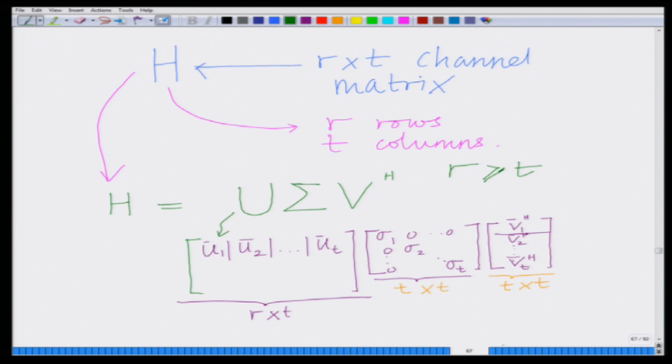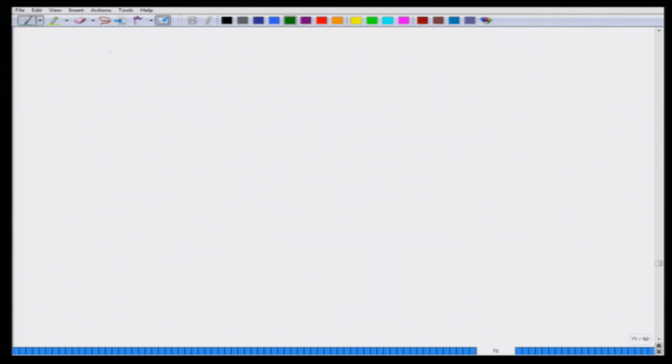Let us look at some simple examples to understand this. Examples of the singular value decomposition, SVD. Let us start with a very simple example. The first case is H equal to [1 1] transposed, a 2 cross 1 channel.